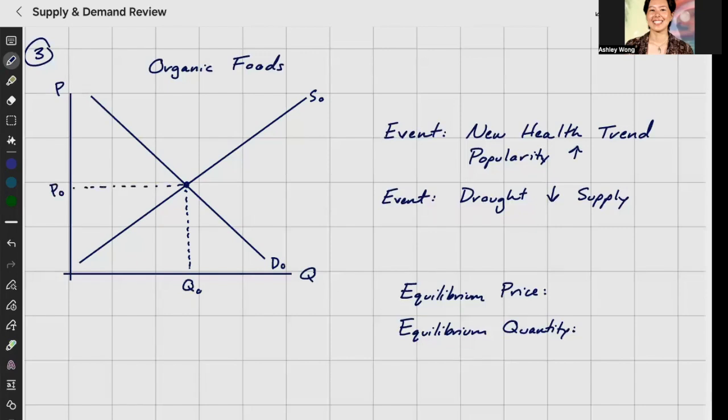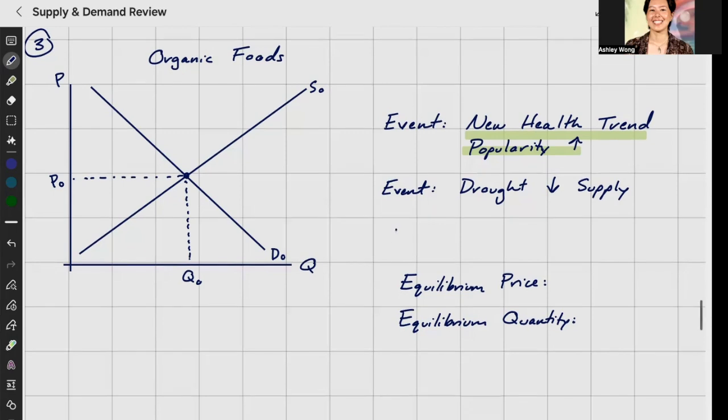And the first event that we're going to look at is what happens when a new health trend increases the popularity of organic foods. So kind of like in the first problem, we're seeing an increase in the popularity of this good. And so we interpret that as a positive change in consumer taste. So this means that our demand for organic foods is going to increase.